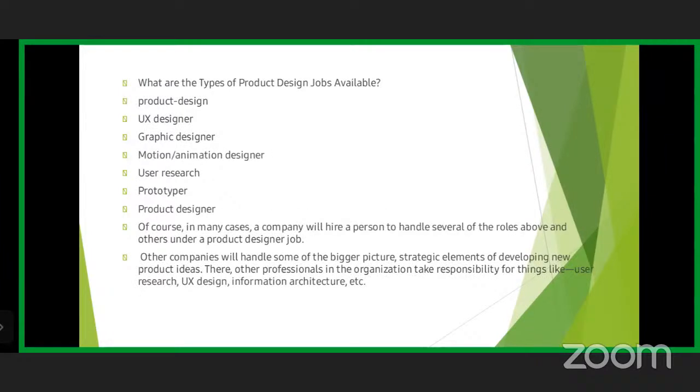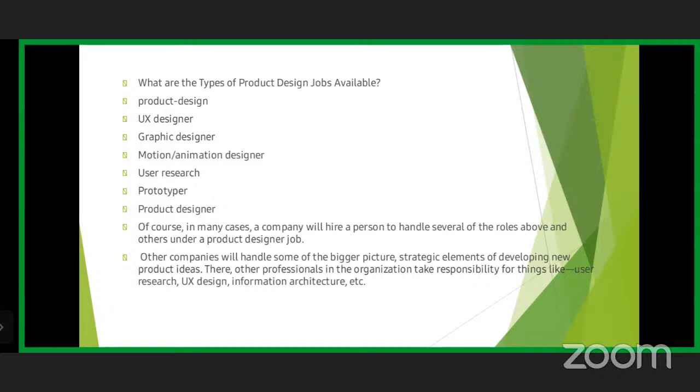So now, what are the jobs that we can find as a designer? You can be a product designer, a UX designer, a UI designer, you can also be a graphic designer. Everything is designing. It's just that graphic designers do more with logos and other things. Product designer, UX designer, UI designer, we deal with design on applications, websites.